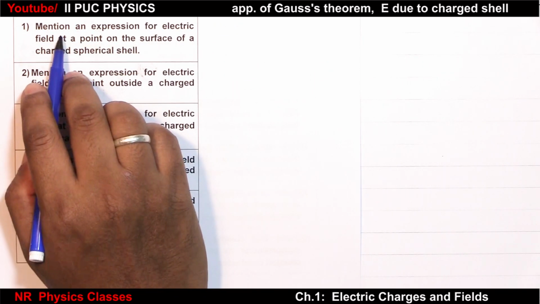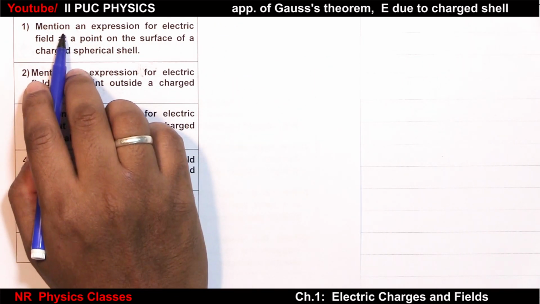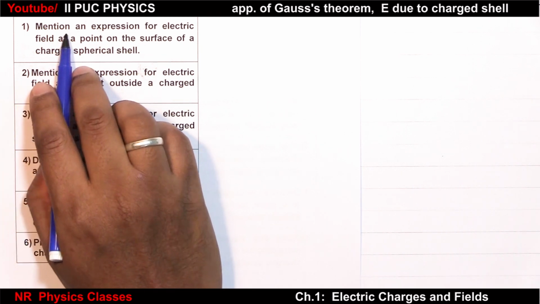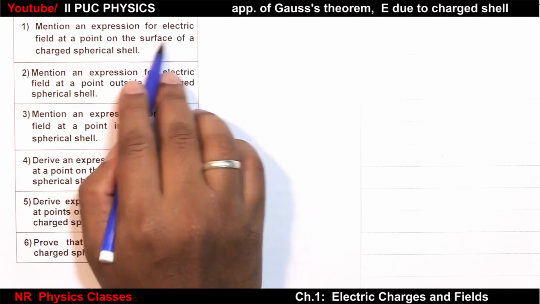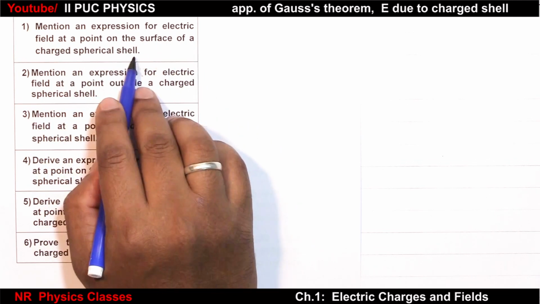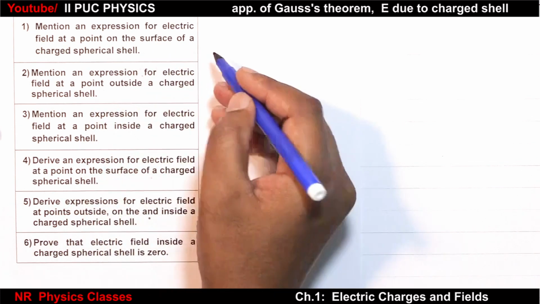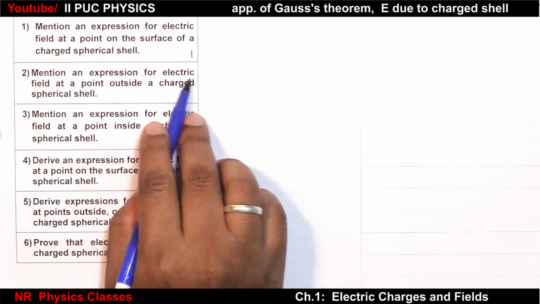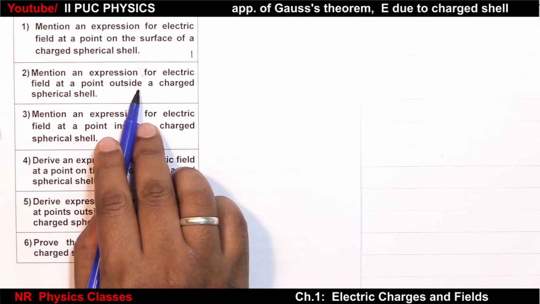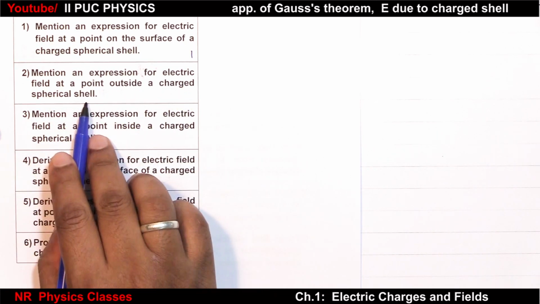Now from the third application, charged spherical shell. Mention an expression for electric field at a point on the surface of a charged spherical shell. Just expression for 1 mark. Mention an expression for electric field at a point outside a charged spherical shell.